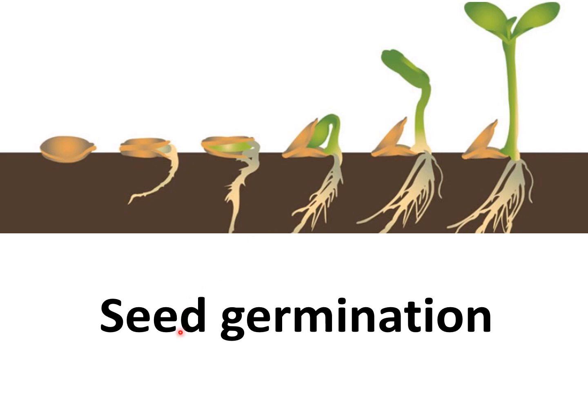And this is called seed germination. And thus from the seed a new plant is produced, and thus the sexual reproduction is carried out in the plants.